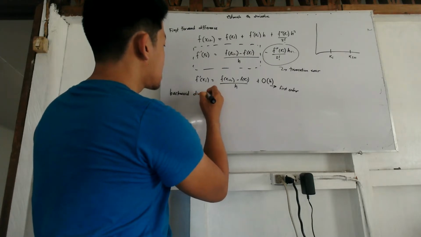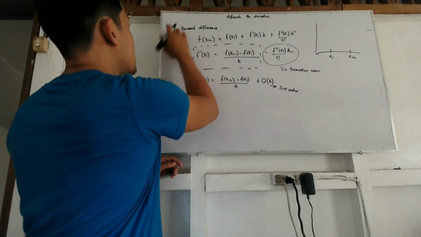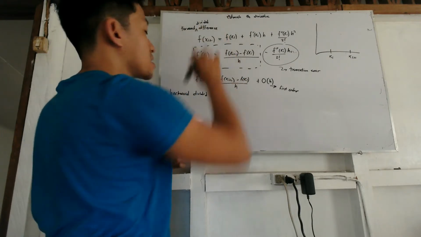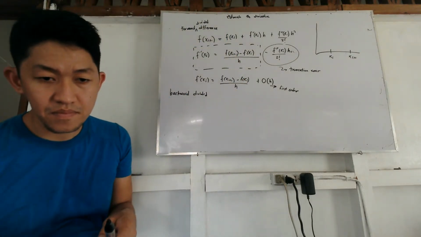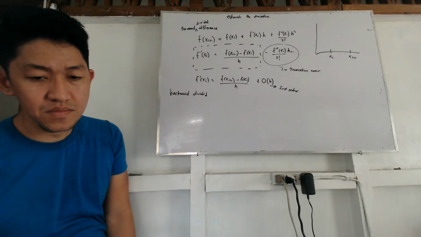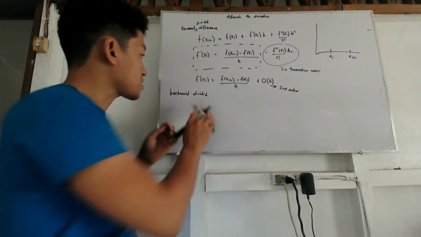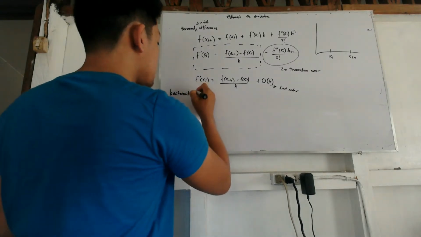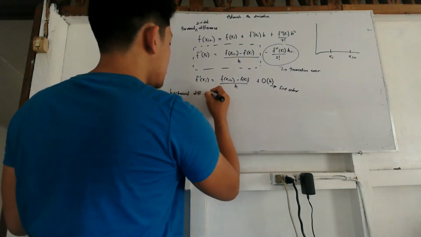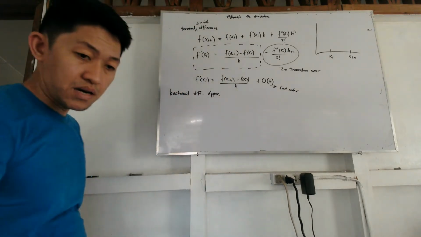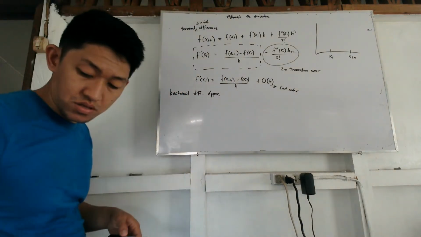This one is the forward divided difference. Or you can just say backward difference approximation. Okay? Backward difference approximation.